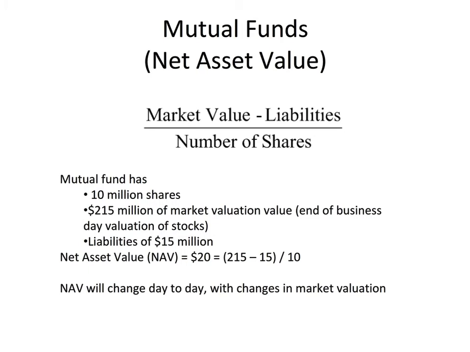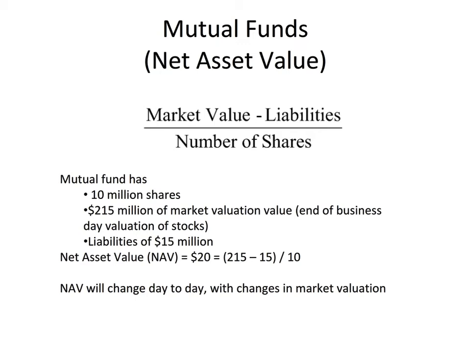Investors will own shares in the mutual fund, and those shares will be valued at the end of each business day based on the market value of the assets in the mutual fund minus the liabilities. The liabilities could arise from a variety of sources, but they are liabilities of the fund itself, divided by the number of shares.